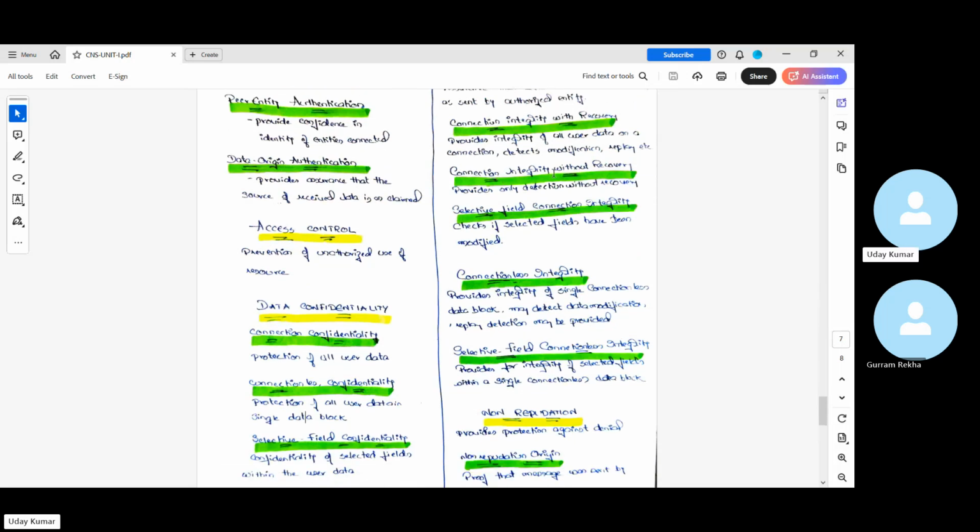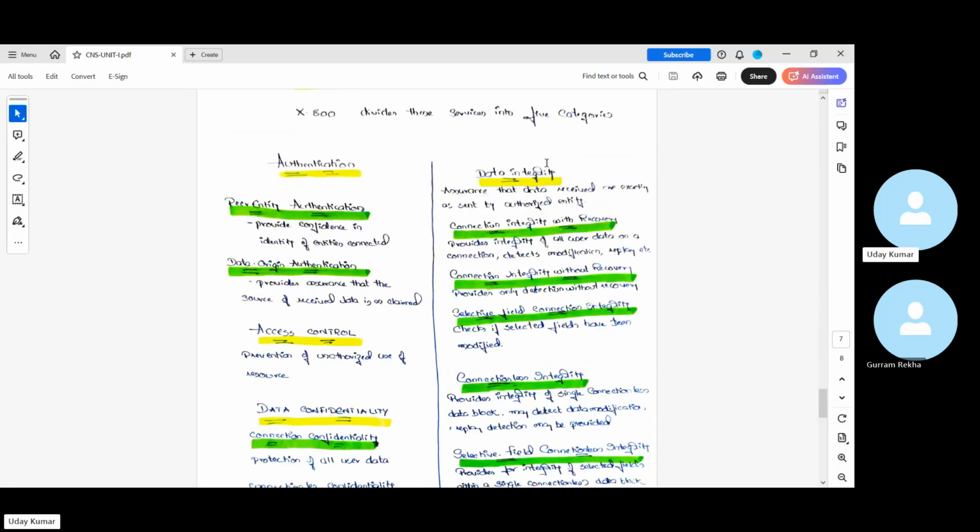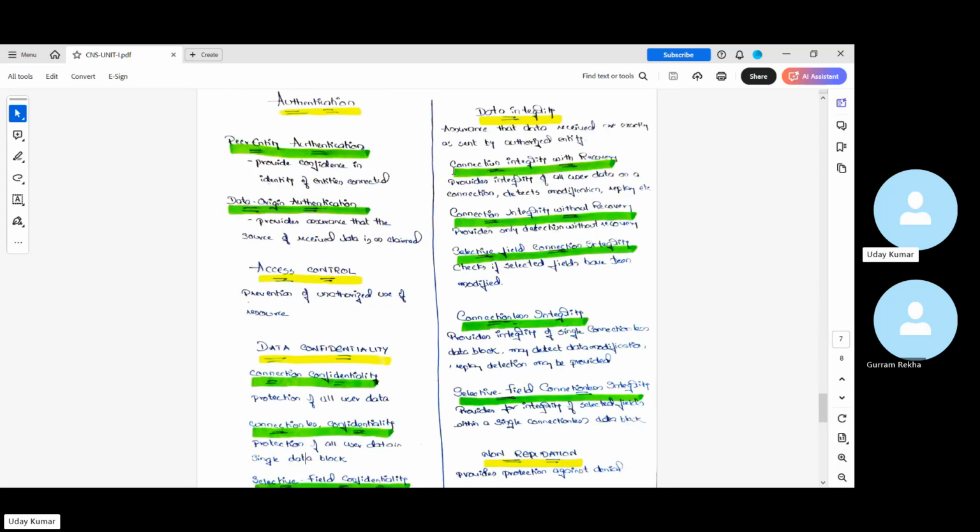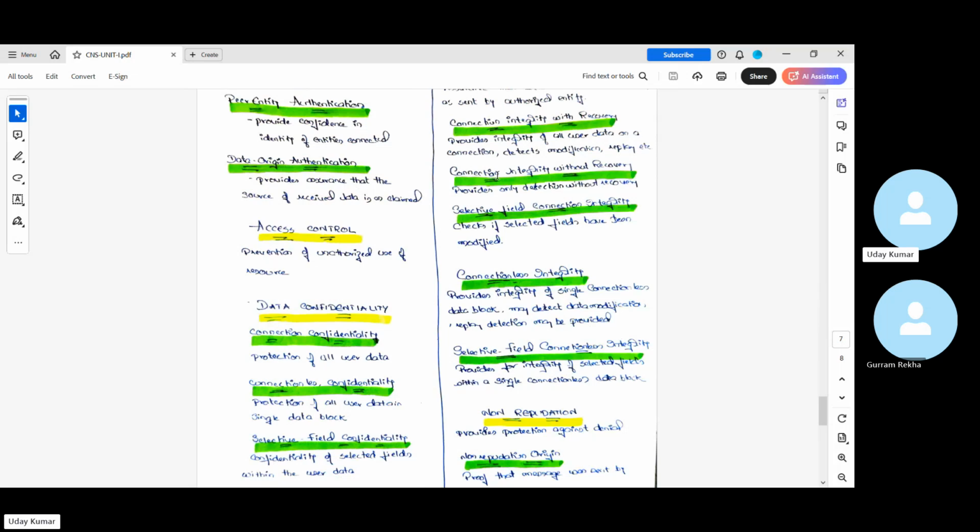And connection integrity without recovery provides just the detection itself, not the recovery. When speaking terms with a security firm, you decide whether you want with recovery or without recovery. Suppose you are just launching your application, students, and it's just a demo session.